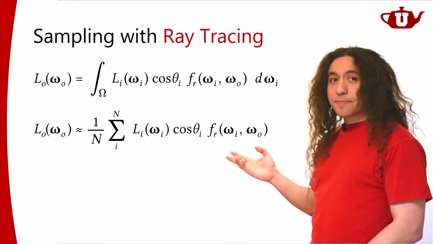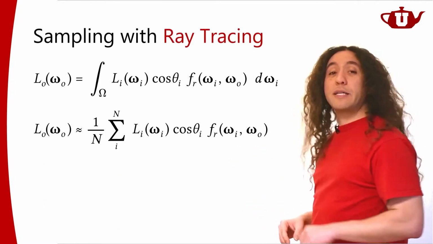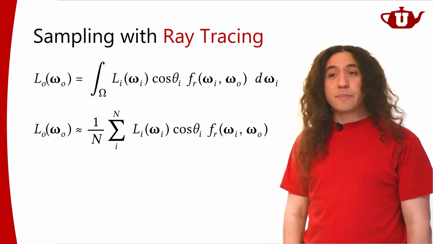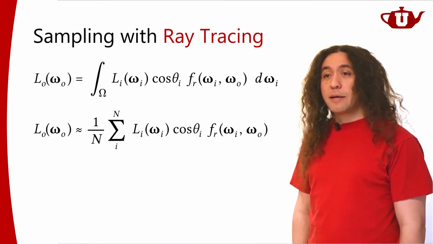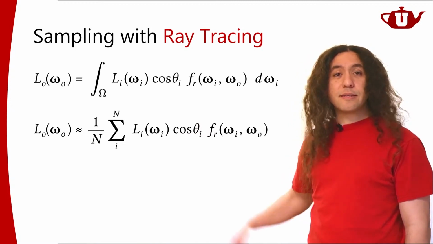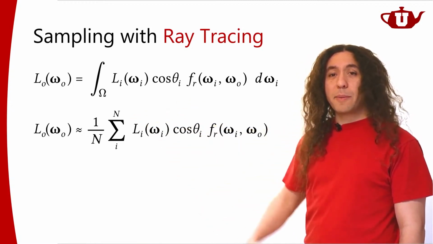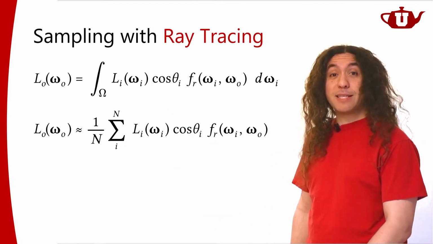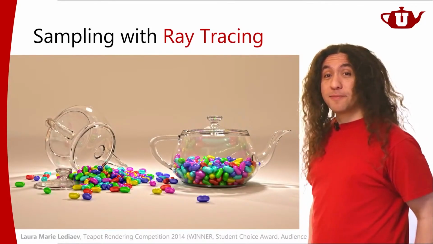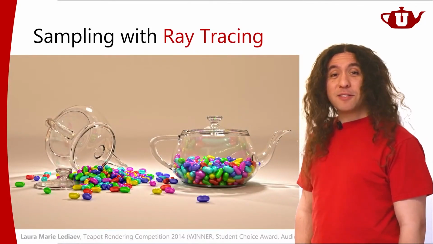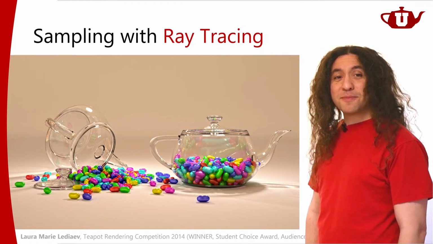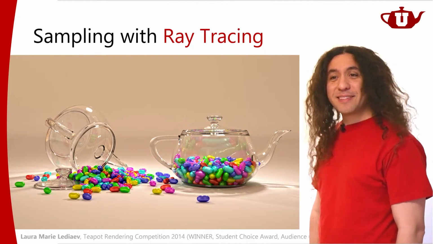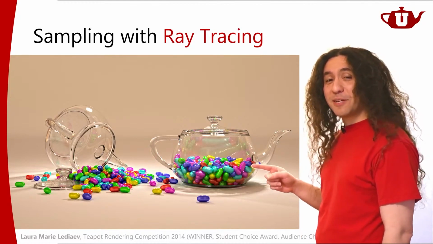So in the end, this is what sampling with ray tracing looks like. We have an integral, and we're sampling it with a bunch of rays. Now the immediate question, I think, is what is n? How many rays? Well, it depends. For example, this image is from a rendering competition a couple of years back. I talked to Laura about this image.